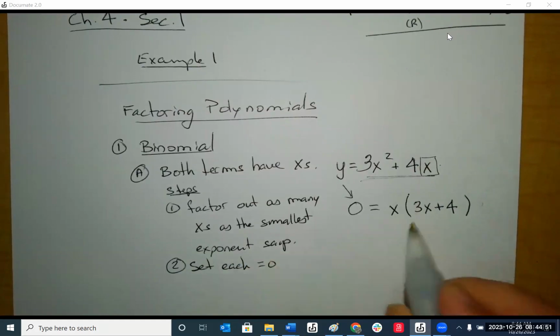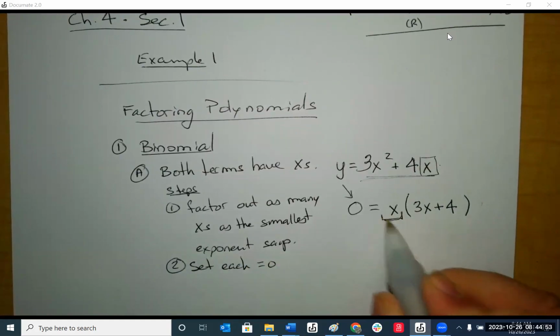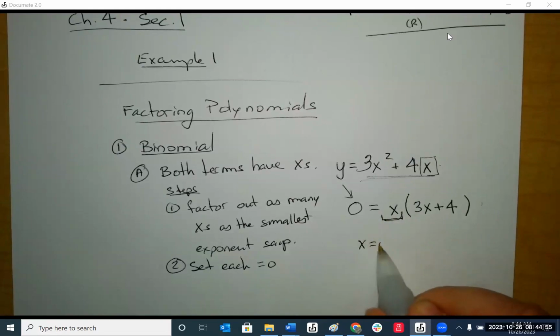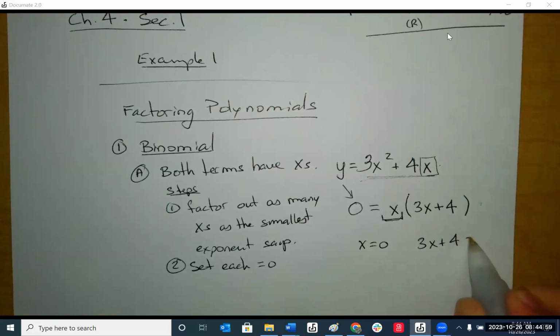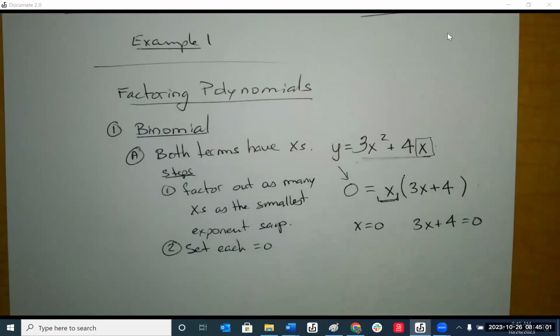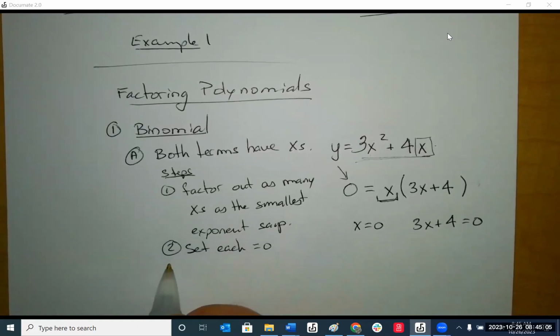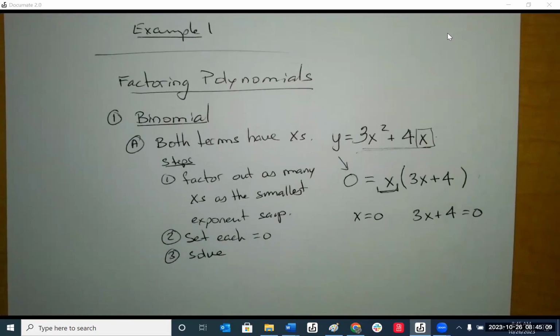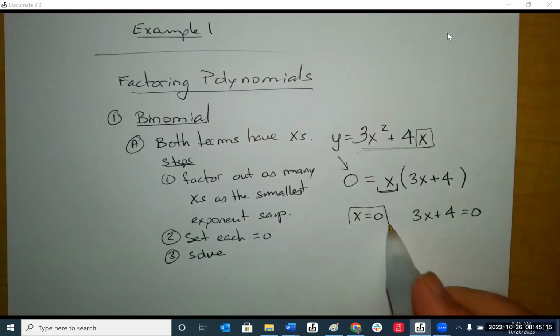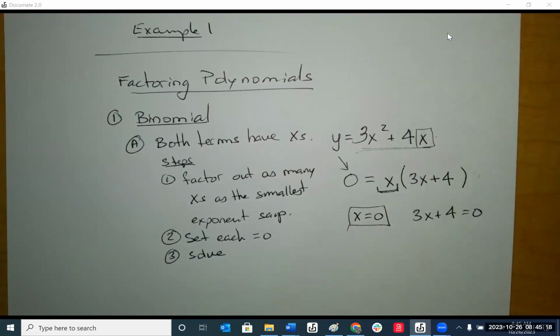Each equal to 0. So anything that has an x, set that equal to 0. And solve. So here's the first solution. It crosses at x equals 0.